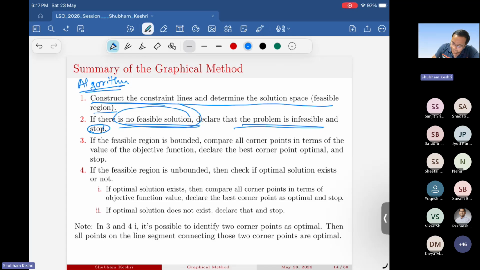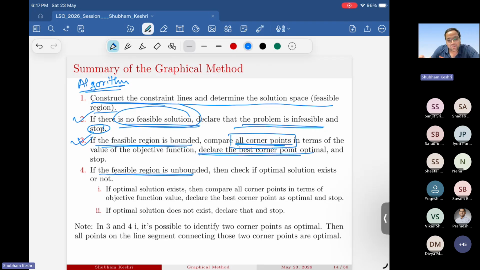Okay. But if your feasible region is bounded, second case, what you do is you compare all the corner points. You list down all the corner points, you compare their objective function value, and you declare that corner point to be optimal where the objective function value is the best. Okay. So this is when the feasible region is bounded. When the feasible region is unbounded, you will have two cases. What is the case?